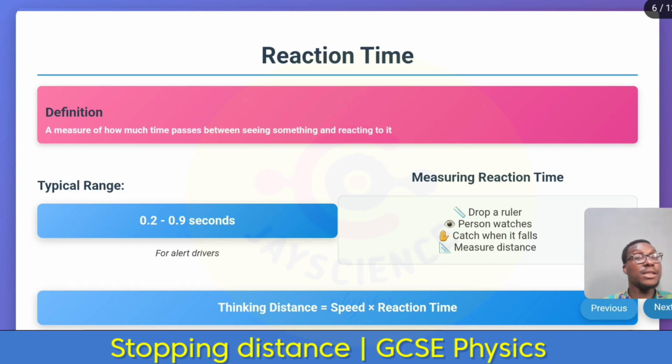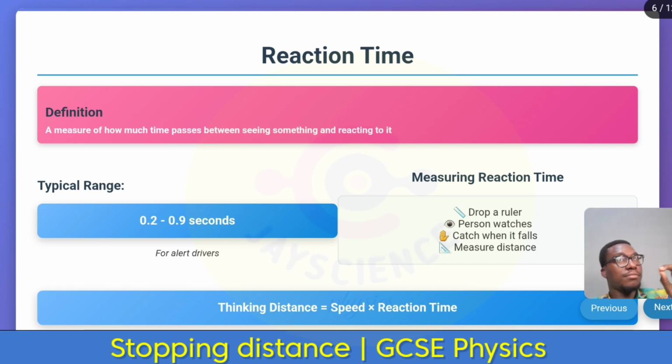When you double the speed, the thinking distance doubles, the braking distance quadruples, and then your stopping distance triples. So your stopping distance goes from 12 to 36. And then you can walk your way through different scenarios like that.